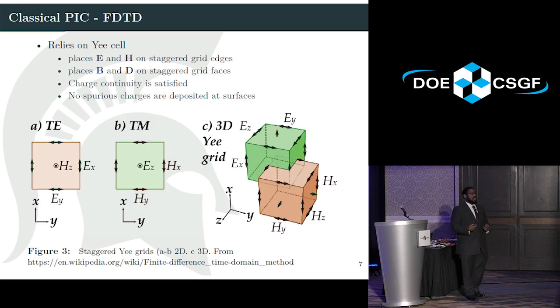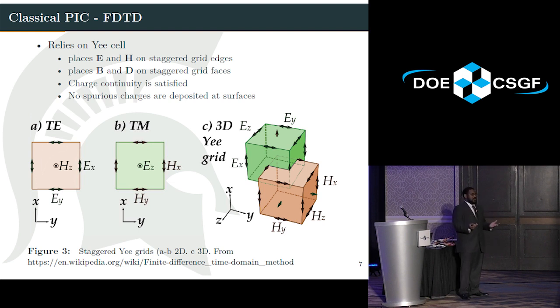Now, the underlying way that we solved for these electric fields and magnetic flux densities, magnetic fields, for previous particle-in-cell formulations, is that we use the finite difference time domain method, in which you have these staggered grids where you represent your fields on the edges and your fluxes on the faces.